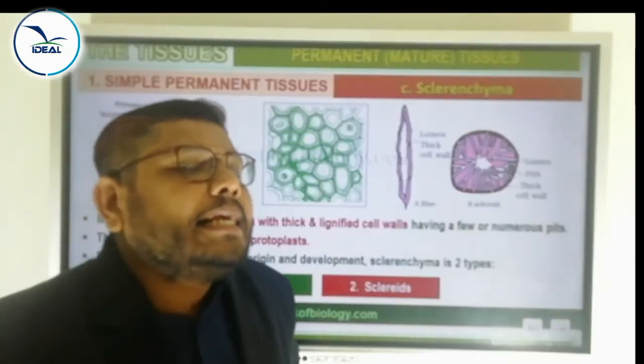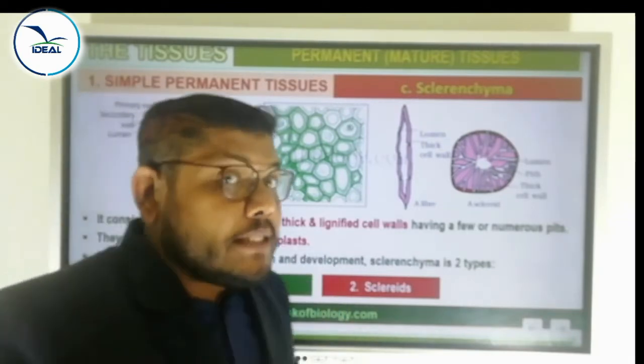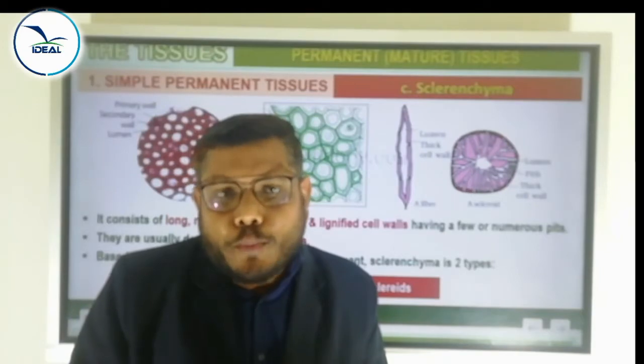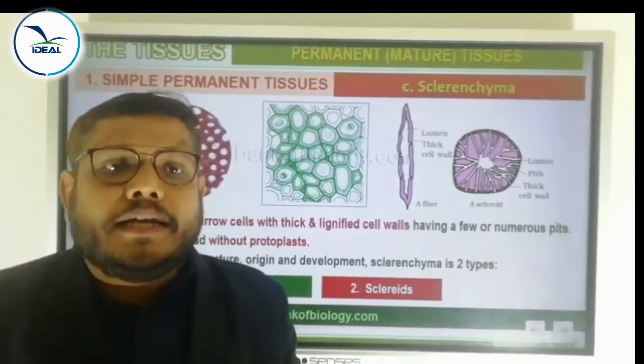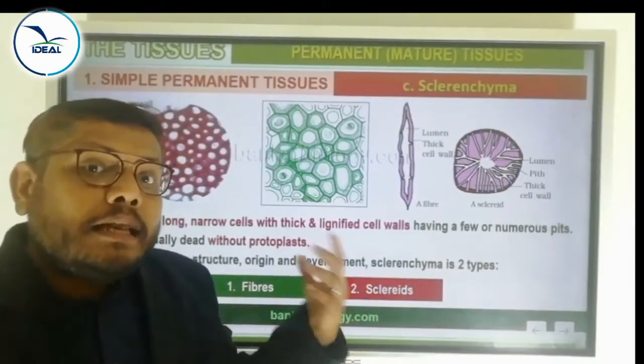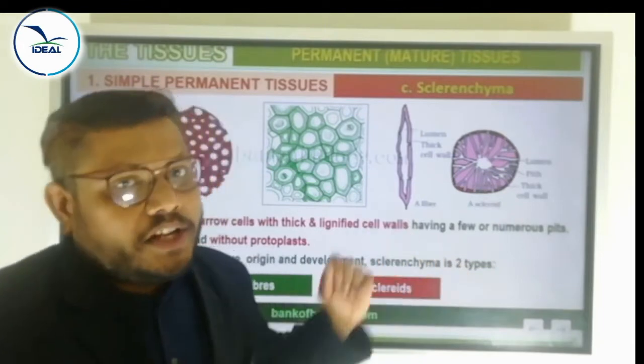Next one, sclerenchyma cells. It is a type of simple permanent tissue. Usually these cells are dead, without protoplast. So here there is no protoplast, and the cells are dead. Their cell walls are thickened due to the deposition of lignin.